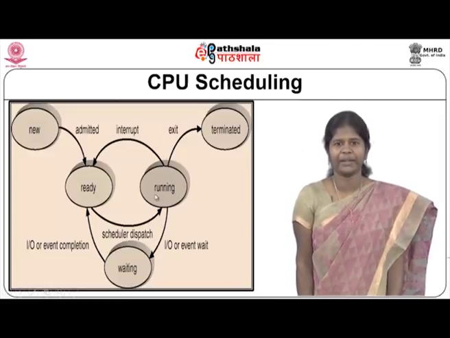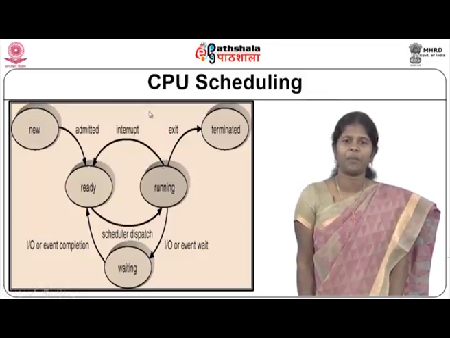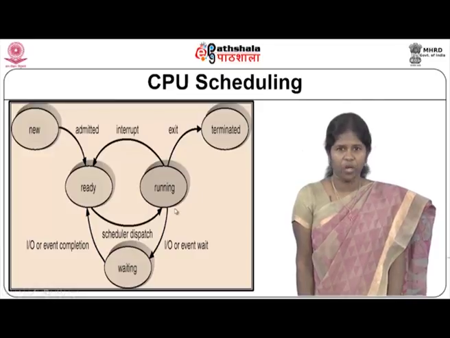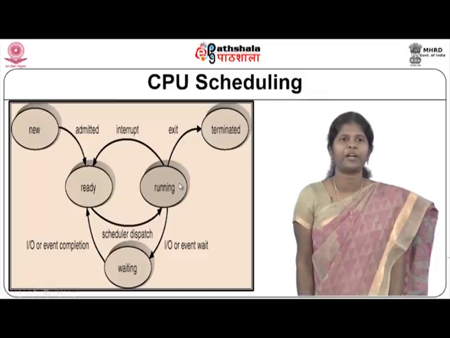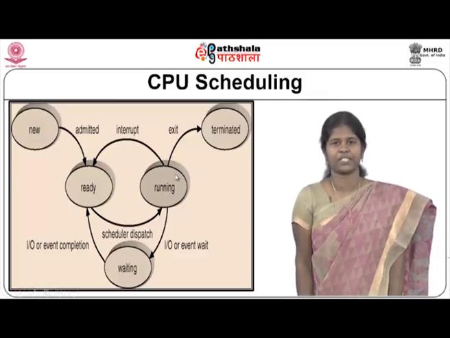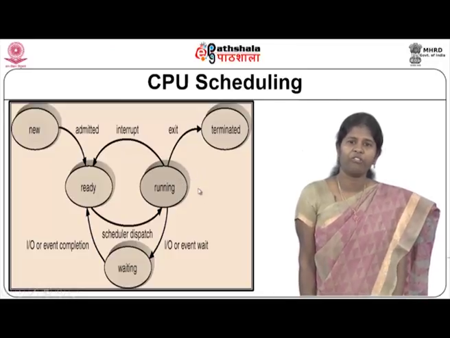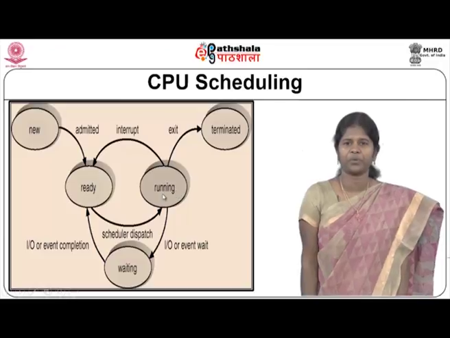But when there is an interrupt, there is someone who is forcing the process to come out of the running state. And also suppose a process is given a particular amount of time to execute and the time slice gets over, then in that case the process is forcibly removed from the CPU.